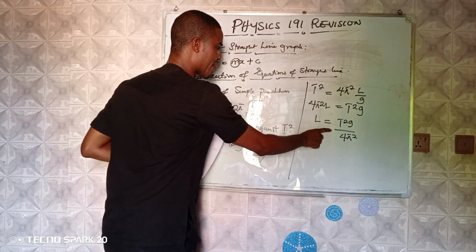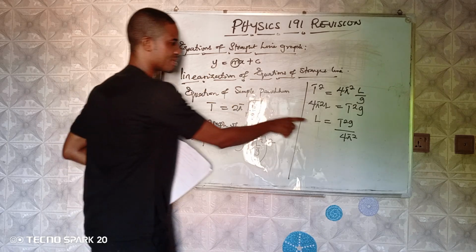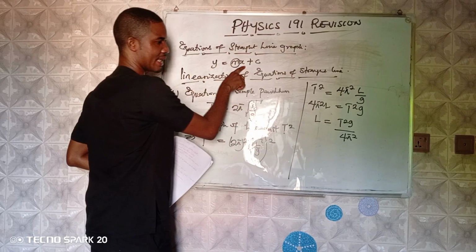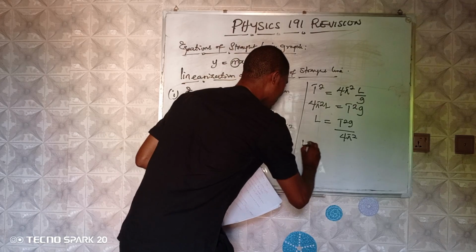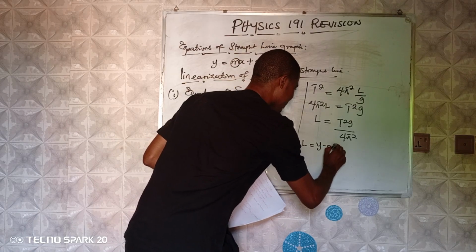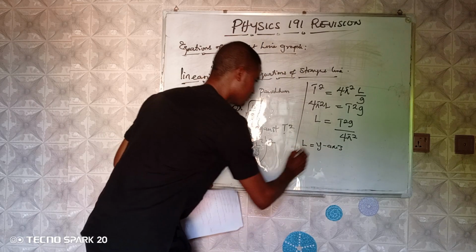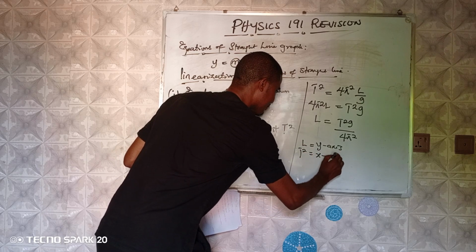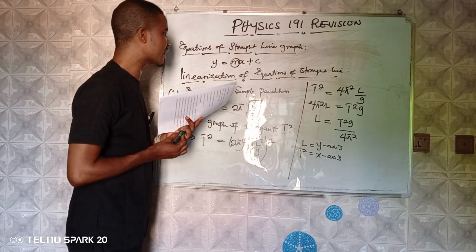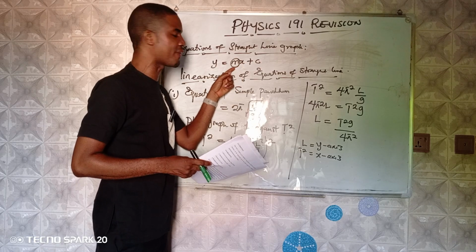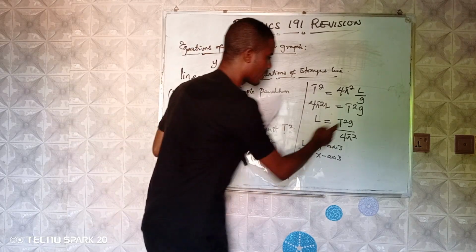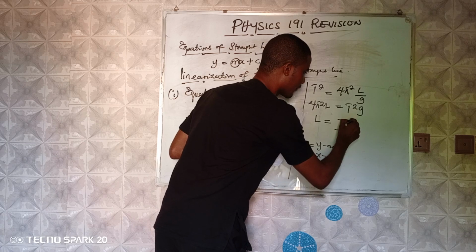Then, if you compare this with the equation of a straight line, that means L is my y-axis, T squared is my x-axis. So I will now say L equals y-axis. Are you there? T squared equals x-axis. Now, anybody attached to the x-axis by virtue of multiplication is our slope.